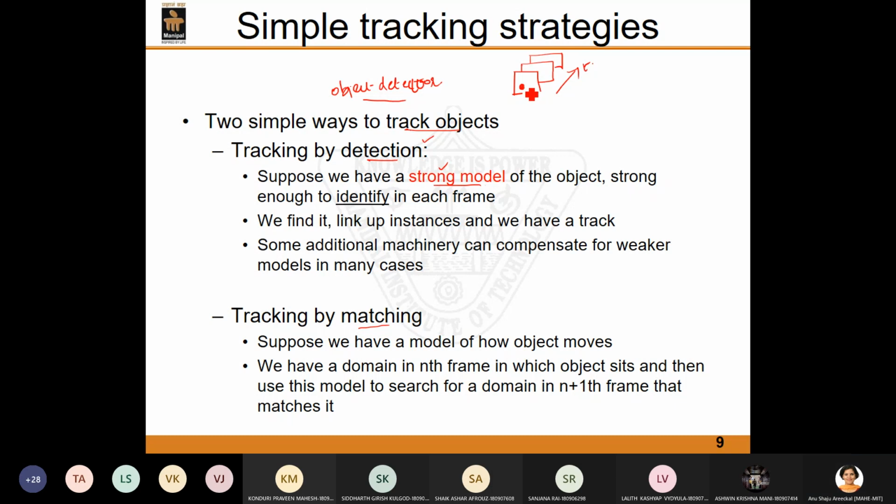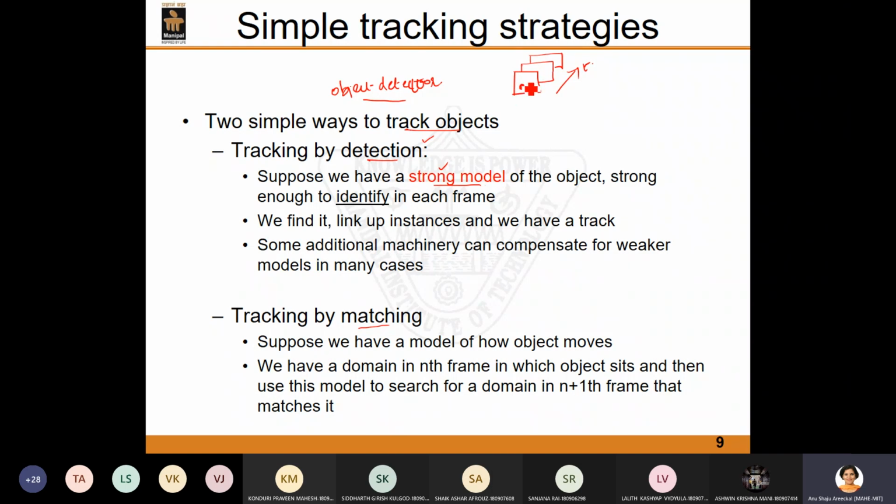Once that is detected, in each of the images you can do this kind of object detection independently. In the next image, wherever this object is, to find that out, again you use an object detection technique. Like that you can individually do it for all the images.